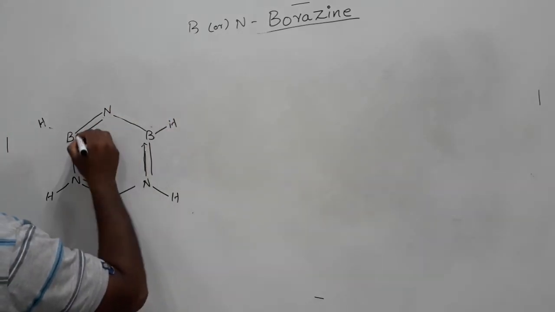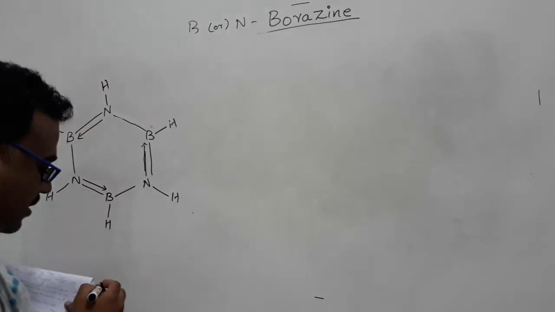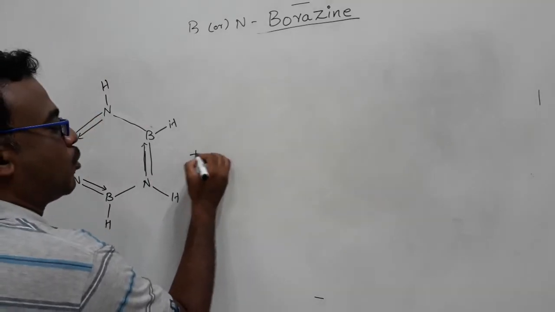When you are going to put the double bond, you have to be very, very careful. Okay. So in this case you can see that it can easily undergo bromine addition.